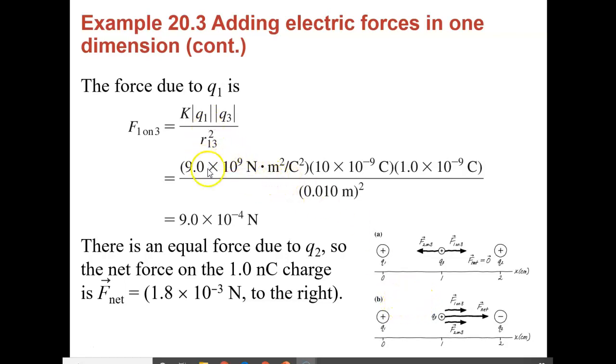It is Coulomb's constant times the charge of one object, 10, and the other object, 1, over the distance between them, 0.01 meters, squared. Since these two forces are equal, F1 on 3 and F2 on 3, everything's going to the right, and you have a net force to the right.